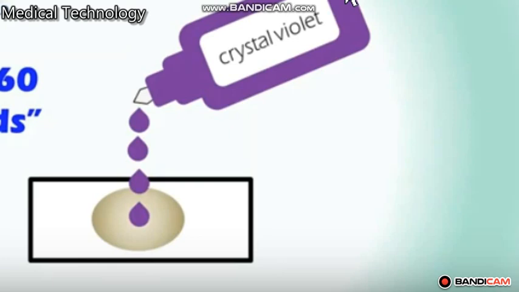Firstly, put crystal violet or methylene blue on the bacterial smear and leave it for 1 minute. After that, wash the slide with tap water or distilled water.